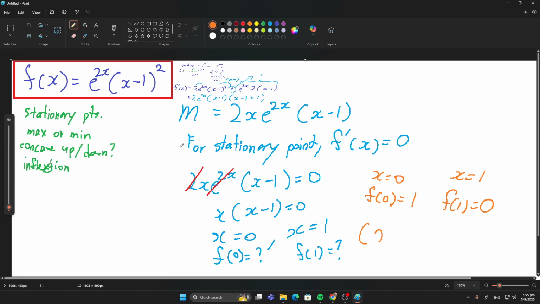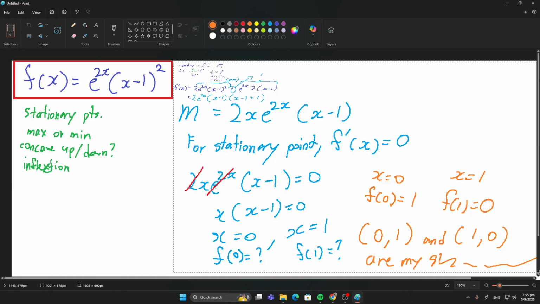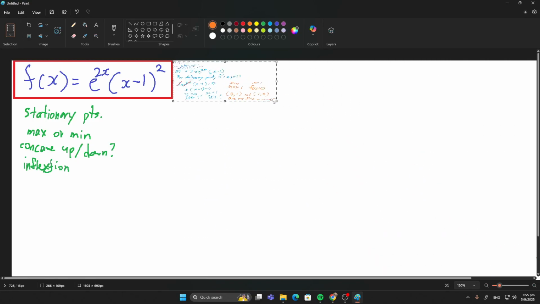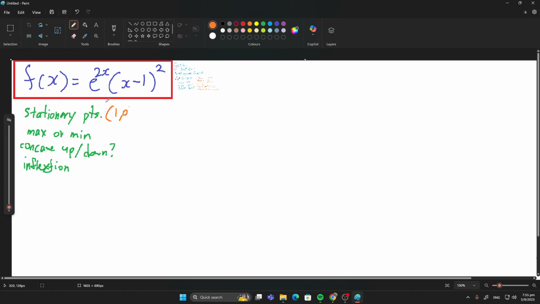So your answer is basically this and this are my stationary points. You get it, okay. So this is your stationary point. Okay, just to make life easier for me, I'm just gonna put it right here that my stationary points are as such.